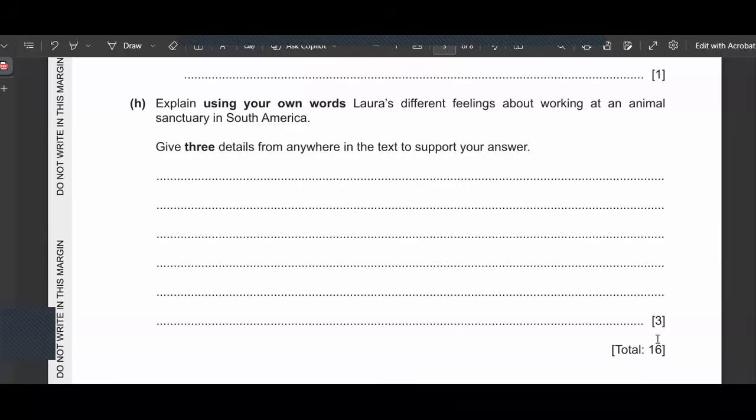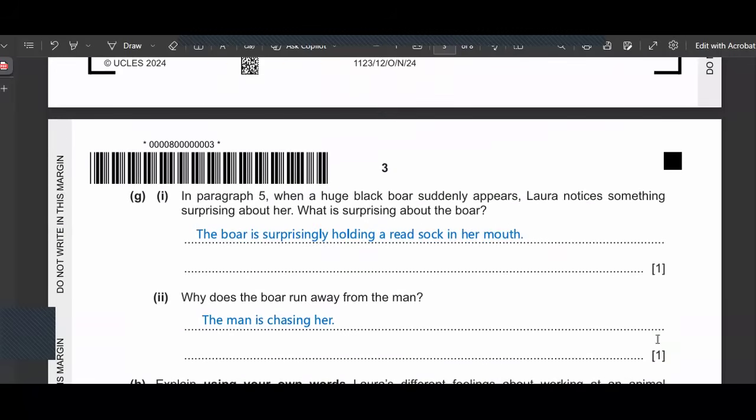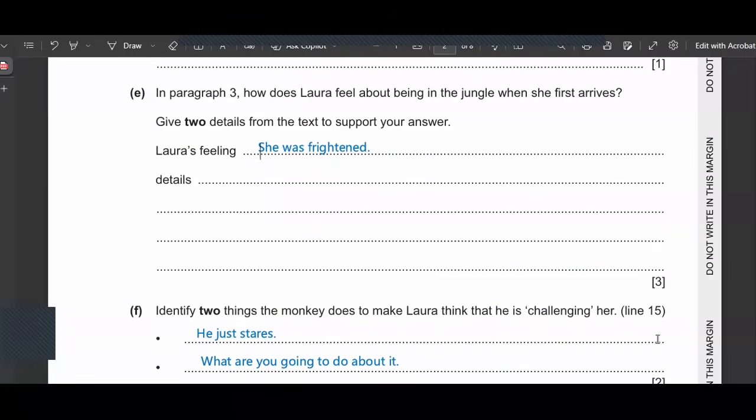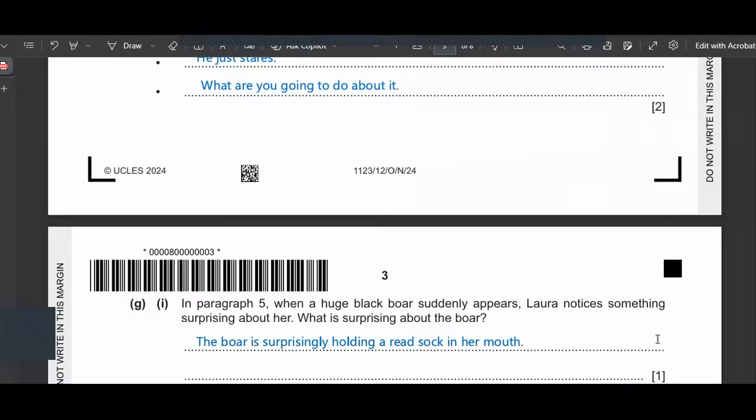The only thing you need to be vigilant about is that if one particular feeling has already been mentioned in a question before, like question number one, part G, where we have already talked about being frightened and given the evidences, we should not repeat the feeling of being afraid again, right?